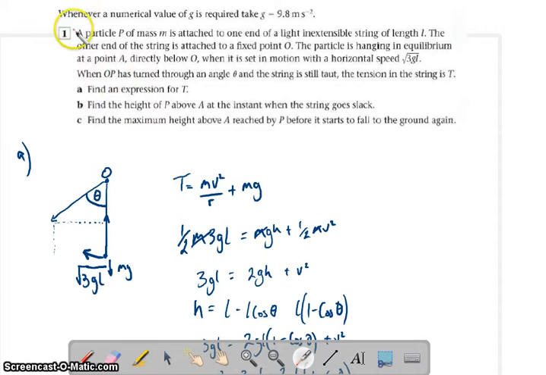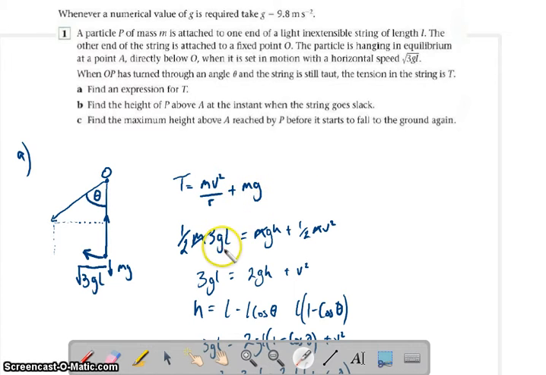So I'll just let you read the question. At this point, at the bottom of the circle, there's a tension, obviously. The tension here is mg, and you also have to take into account the centripetal force, so the tension is equal to mv squared over r, the centripetal force, plus the tension required to keep it moving upwards.